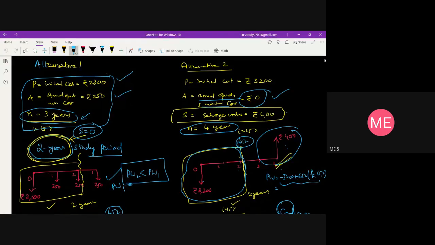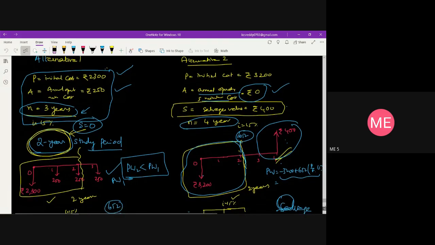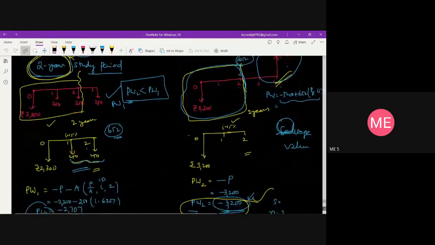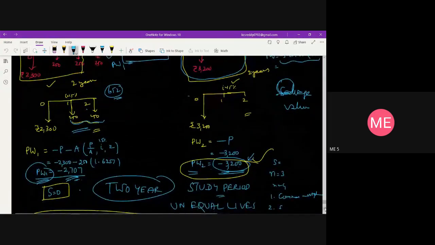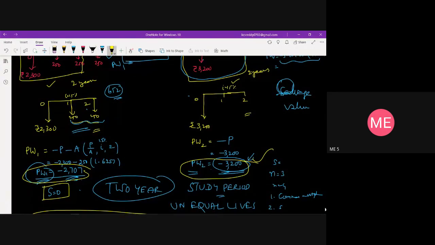So in the first case, asset 1 is preferable. Asset 1 has a present worth of minus 2707 and asset 2 has a present worth of minus 3200, so asset 1 is preferable in this case.